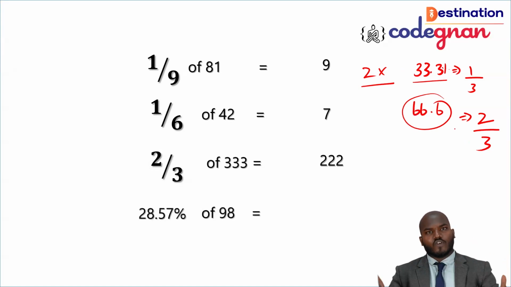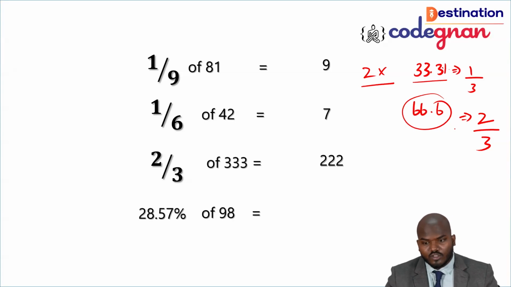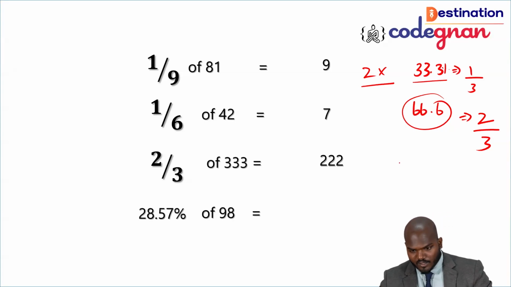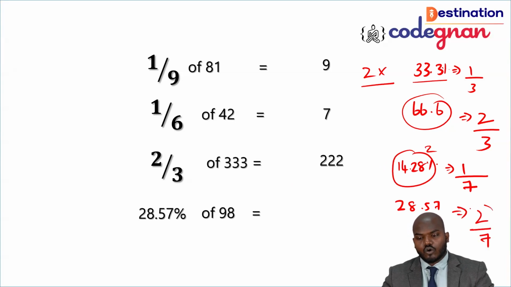Okay, and 28.57. For 28.57 we don't have it directly, but we know the value 14.28. 14.28 percentage we can call 1 by 7. We have 28.57 here, so if I multiply by 2, we get the same thing. Then this value becomes 2 by 7.